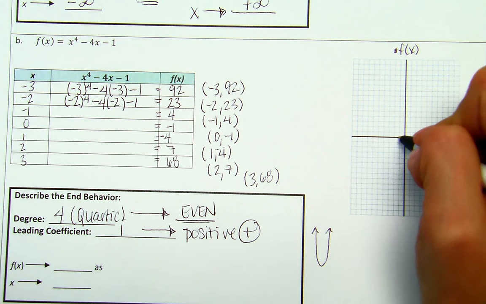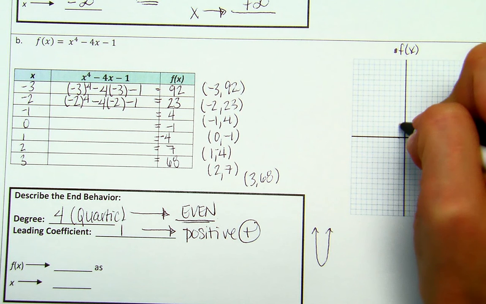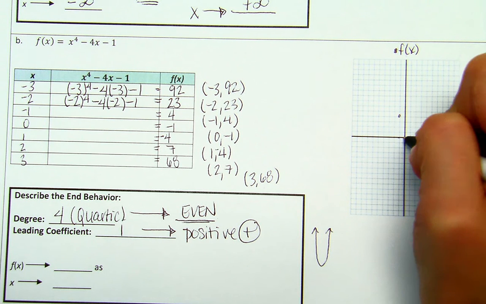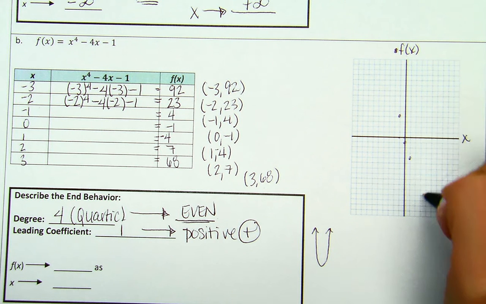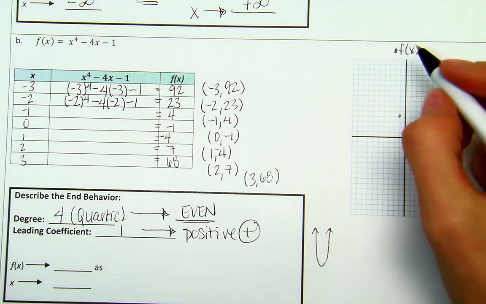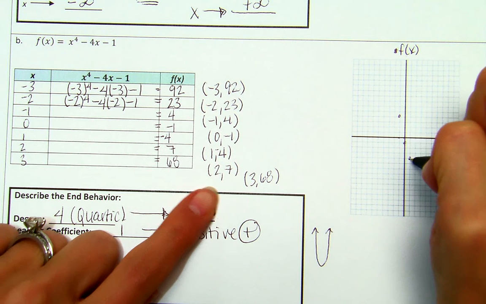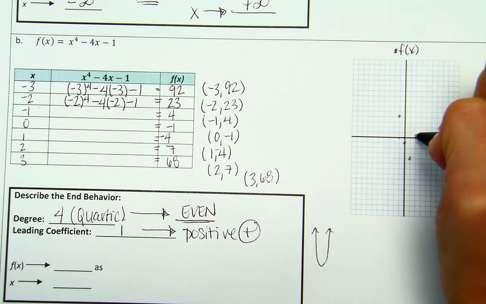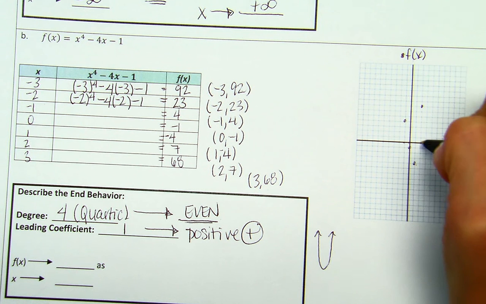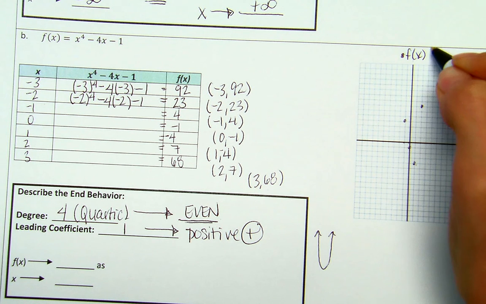Then I go to (-1, 4), (0, -1), (1, -4), and (2, 7). And (3, 68) is going to be way off the chart.